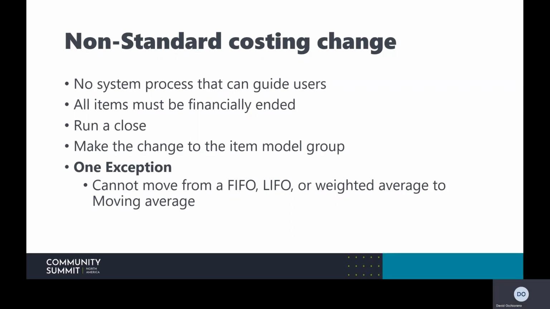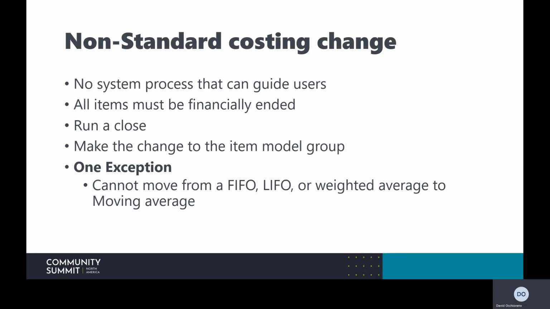Unfortunately, there's not as straightforward of a system process, so the plan to convert requires some offline orchestration, just like what we talked about previously with the standard cost conversion. Just like with any inventory close, make sure that all item transactions are financially updated.